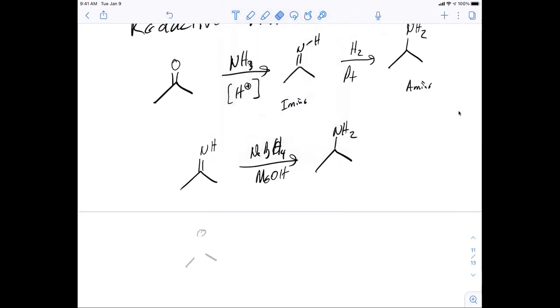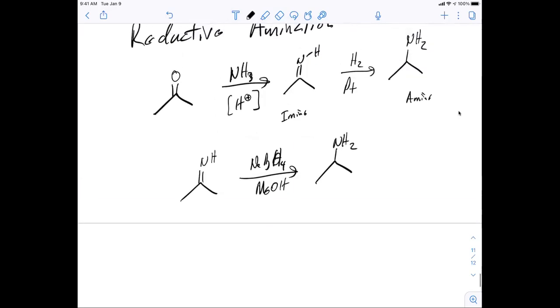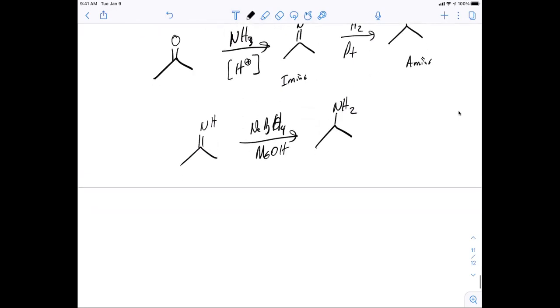So if we think about it, both of these reagents, the hydrogen and platinum or palladium, and then the sodium borohydride, we'd want to form the imine first, because sodium borohydride will react with the carbonyl, right? And so we don't want to do that. And the ammonia and platinum, we wouldn't want around in the amine. But there is a special reagent.